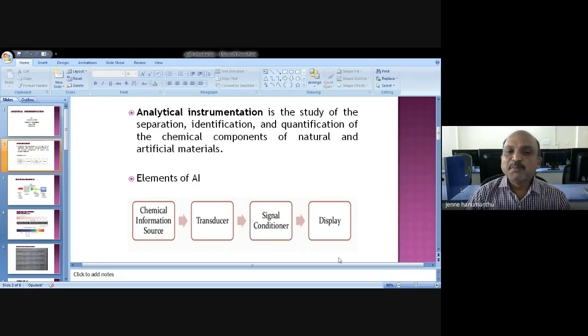That means in any plant, there is a control section and there is an instrument, and your plant is far from your control section.